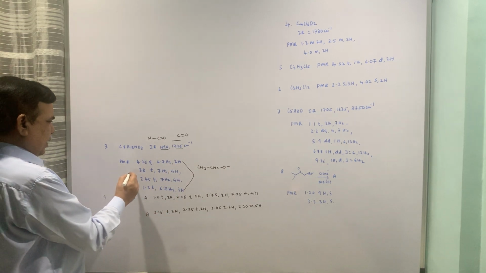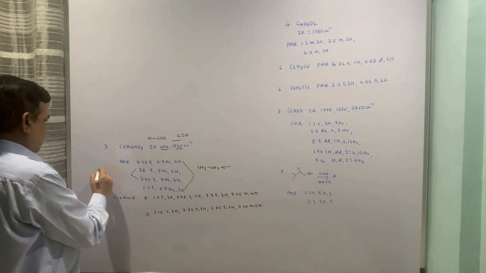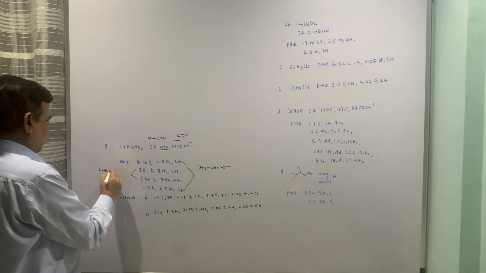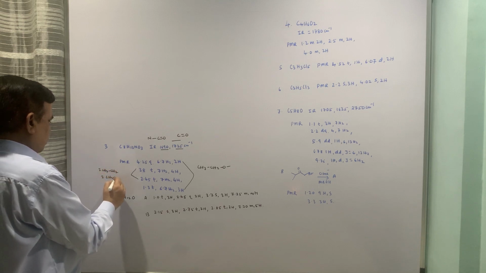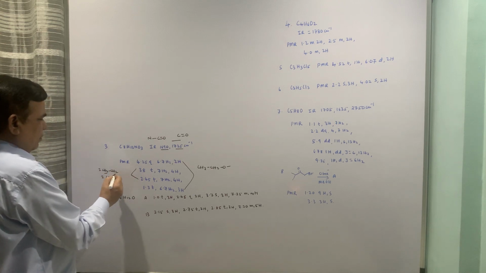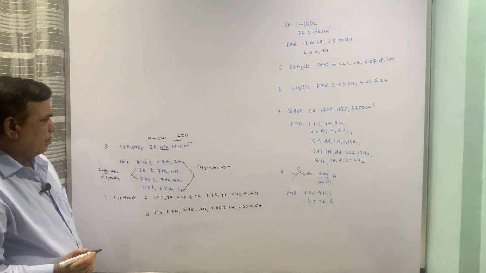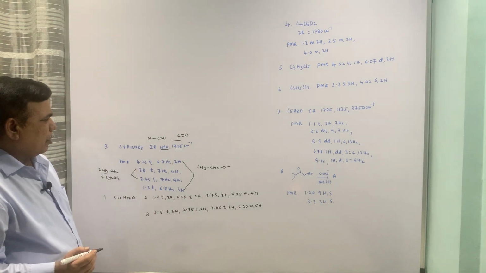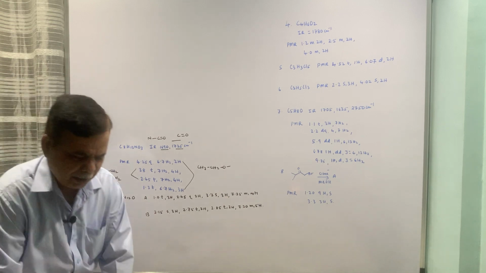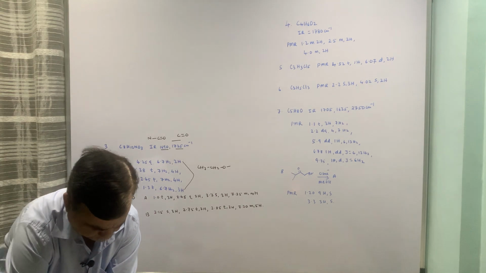Then the second pair is twice CH2 having CH2, but it is a symmetrical compound. So you have to accommodate all the functionalities in it and put the structure.